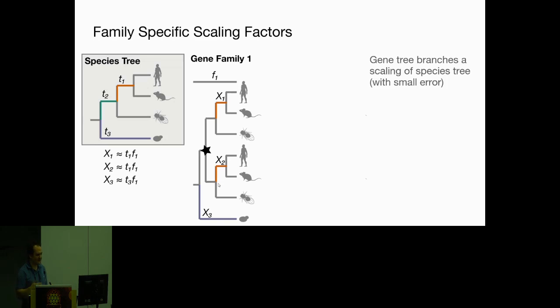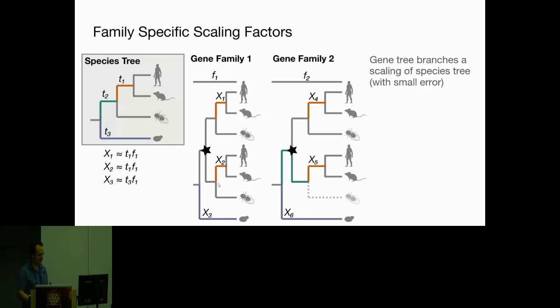And then we model this basically as each branch in the gene tree being the branch in the species tree with a small error. And in the case of losses, we say that the branch in the gene tree corresponds to the sum of the two branches, by the scaling factor.